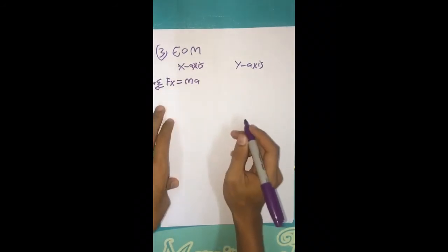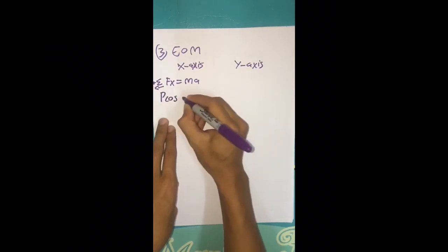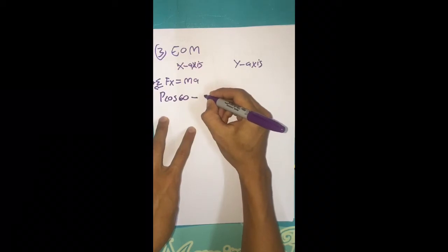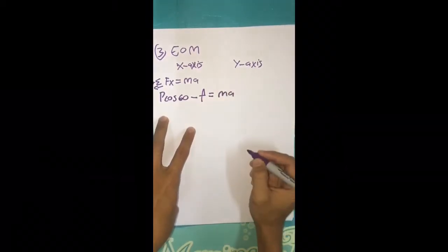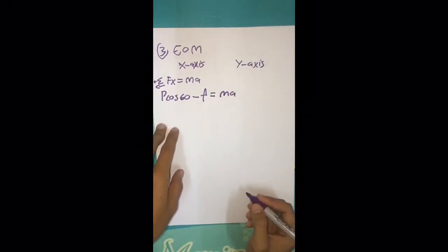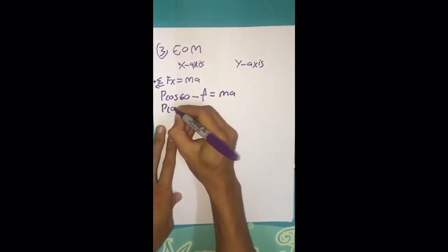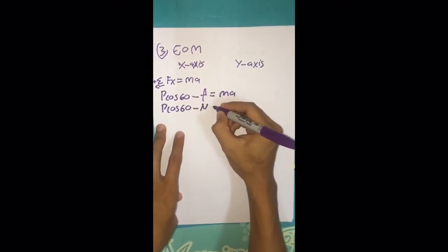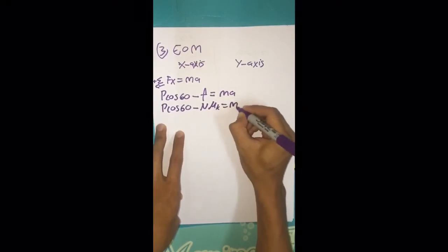So at the x-axis we have P cos 60 degrees minus friction equal to MA. To find the friction, we have friction equal to N times mu K.